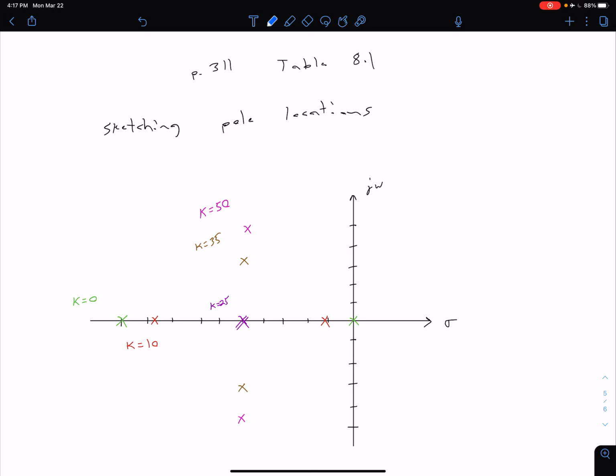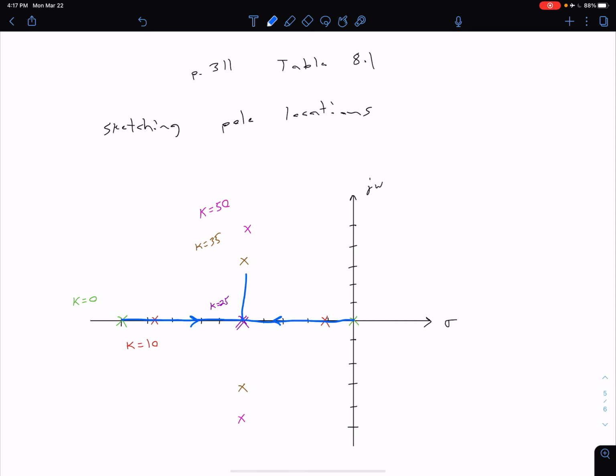We start here at negative 10 and we're moving in this direction. Similarly, we're starting here at 0 with the other pole and we're moving towards negative 5 as well, staying on the real axis. Once we reach negative 5, those two paths break away from our real axis.